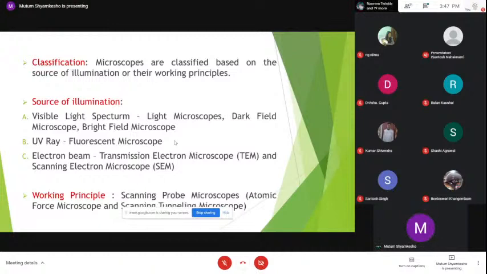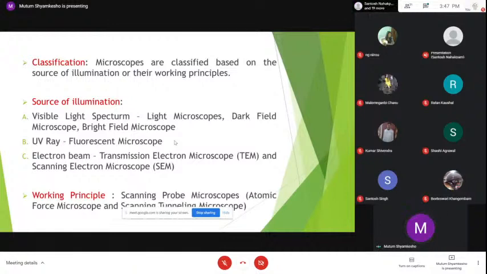In the fluorescent microscope, UV rays, which are not visible to our human eyes, are used as a source of illumination for observing the specimen. In the electron microscope, the electron beam, which is produced by the electron gun and focused on the specimen, is used as a source of illumination.